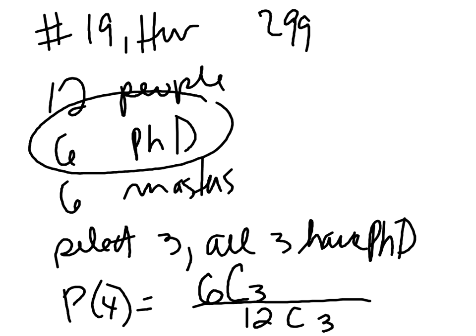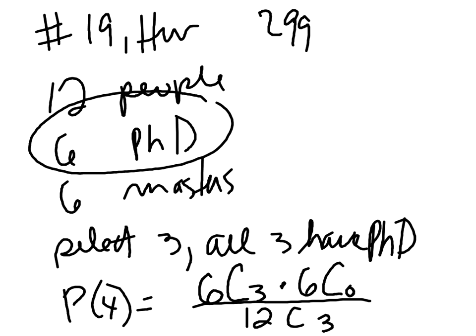I'm sorry that it's so wordy, but this is one that you can verify in your solution manual also. Well, what does that leave for the other combination there? We had 6 people with a master's, but we're not interested. We've already used up the 3 that are chosen, so that would be 6 combination 3 times 6 combination 0 over 12 combination 3.